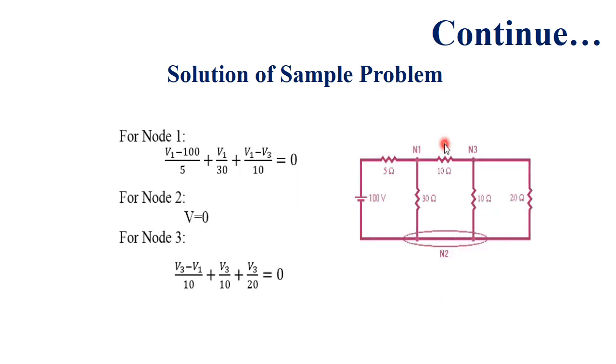The current across the 10 ohm resistor is V3 minus V1 divided by 10, plus V3 divided by 10 and V3 divided by 20, equals to 0. So these are all the node equations.